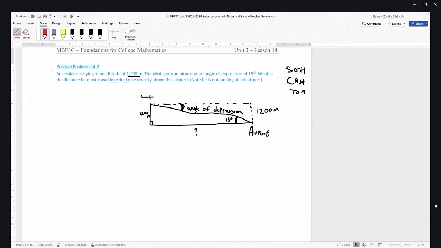Opposite the angle over here is 1,200. That's the opposite side. This is the adjacent side, which is the part we're asked to find. So opposite and adjacent, again, is going to be tangent. Because in order to use cosine or sine, you need to know the hypotenuse, which will be this one right here. So now I know what I have to do. I have to use tangent.